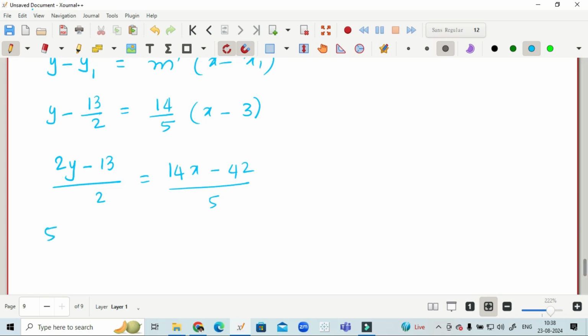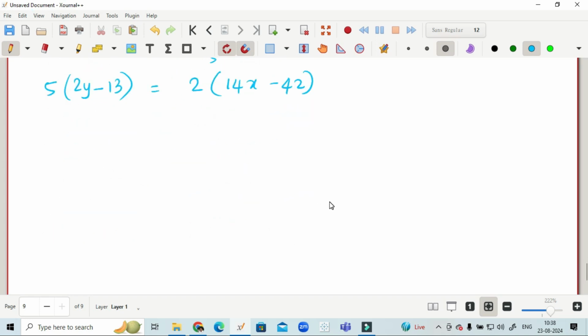Crisscross it: 5 times of 2y minus 13 is equal to 2 times of 14x minus 42. 10y minus 65 is equal to 28x minus 84.